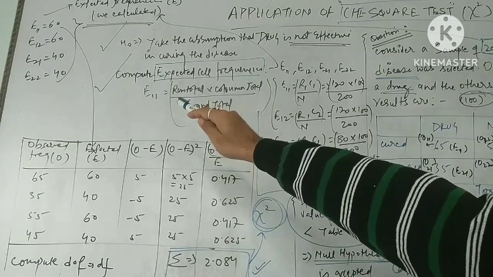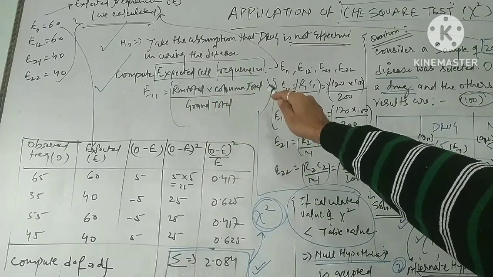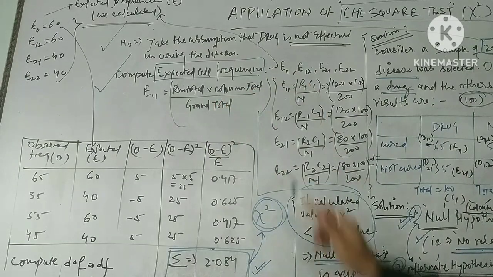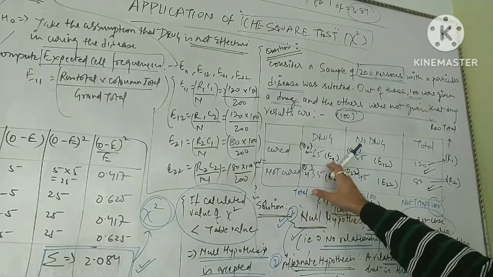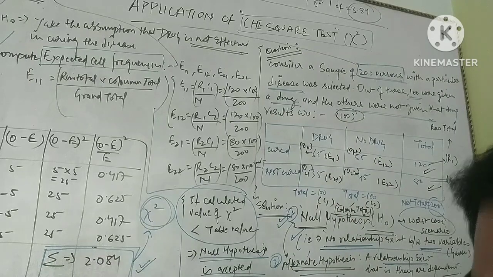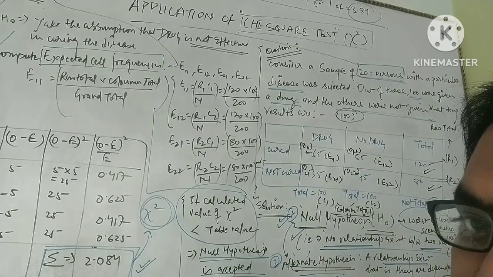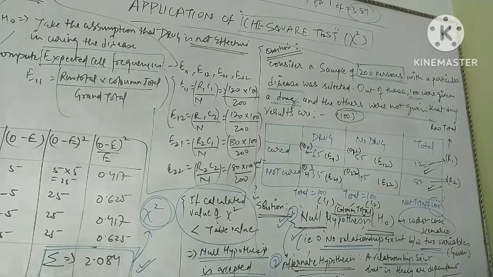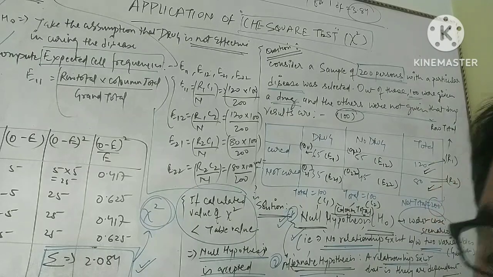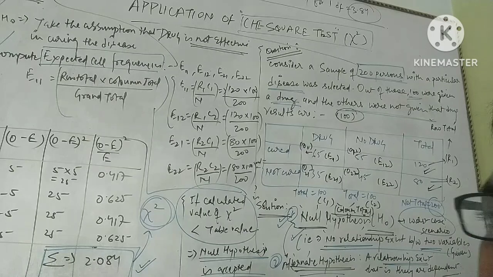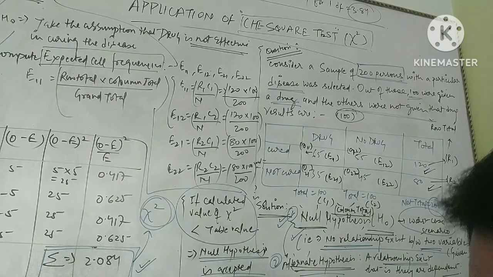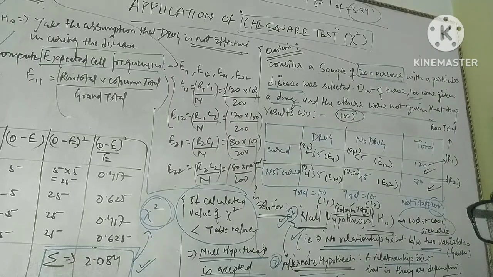Now the second point is to compute the expected cell frequencies. How will we compute the expected cell frequencies? The expected cell frequencies signify the probability of occurrence of two independent events, that is, whether these events occur independently, and how one frequency affects the other frequency.